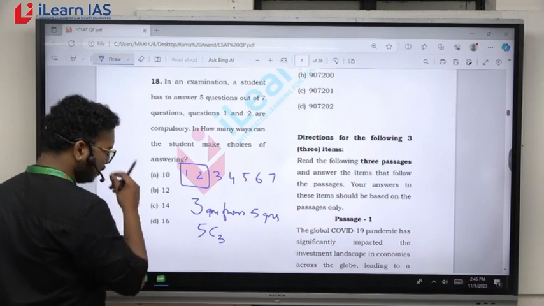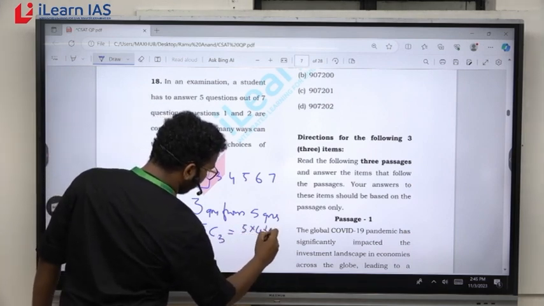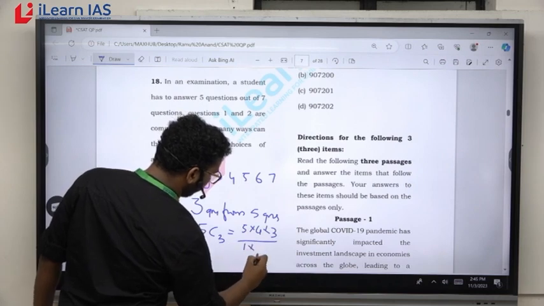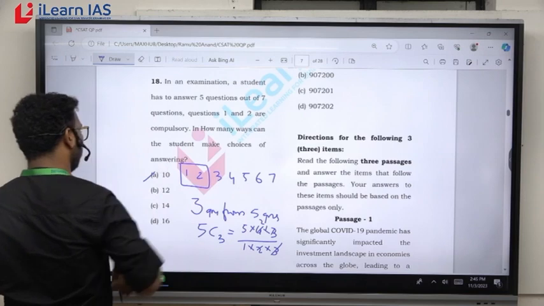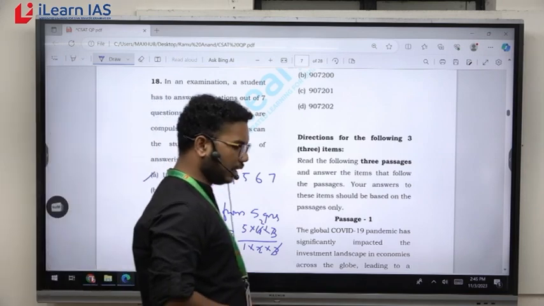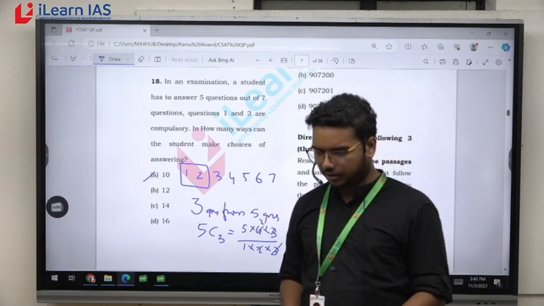So what is 5C3? 5C3 can be written as 5 into 4 into 3 by 1 into 2 into 3. Just 10 ways. 5C3 is 10. You can select it in 10 ways.